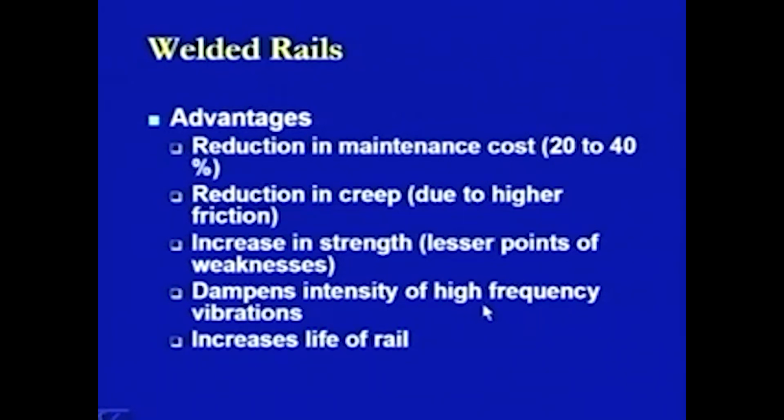And obviously, as the reduction in creep is there, there are lesser requirements of maintenance, and as we have increased the strength of the total section, this is going to result in the increased life of the rail section. So, these are some of the advantages of welded rail sections, and when the life of the rail section is increased, finally it is going to reduce the overall cost of construction as well as the overall cost of maintenance of these tracks.